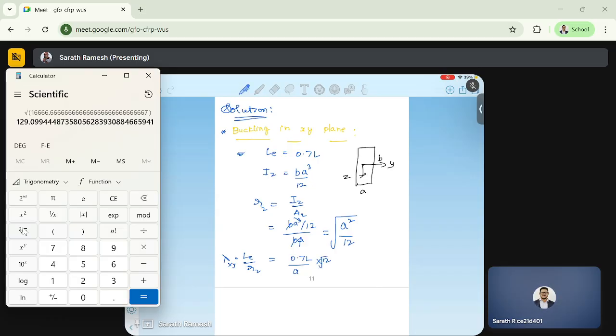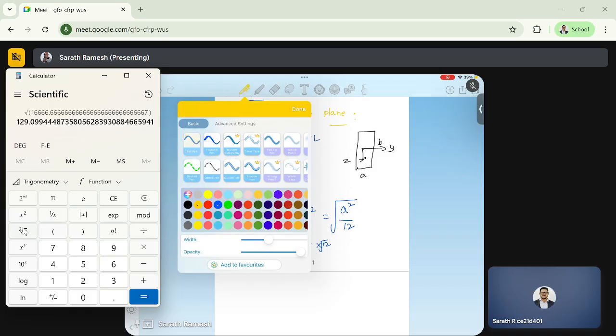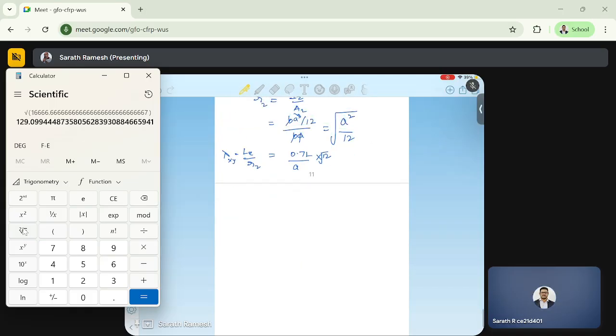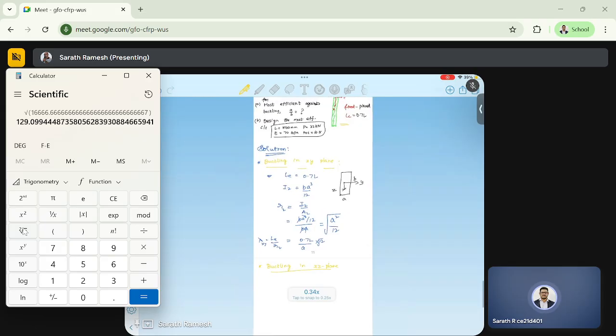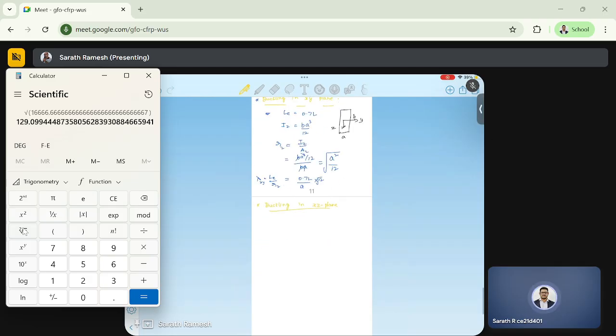Okay. Now, in the XZ plane, what is L? LE is 2L. There we say IY, so ABQ by 12.